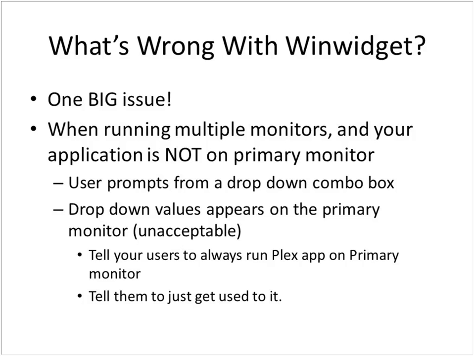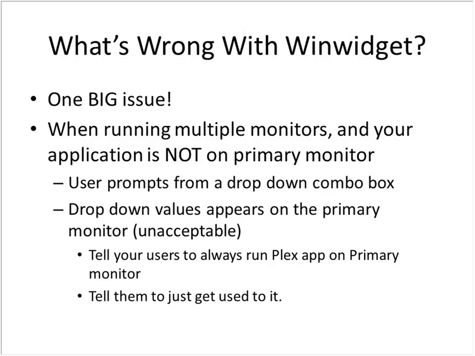The drop-down list of values appears over on your primary monitor. It's the most ridiculous thing you've ever seen, but that's what it does. So you basically have two options on how to deal with this particular issue.